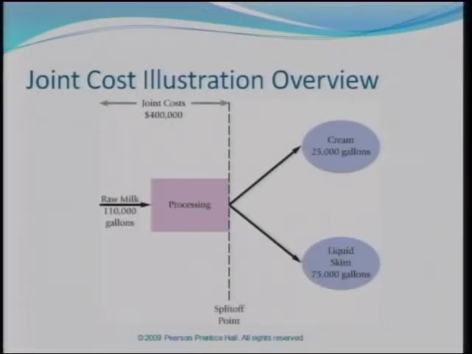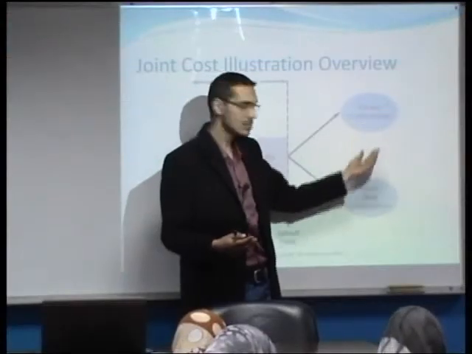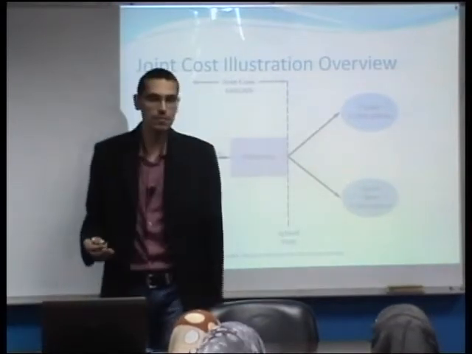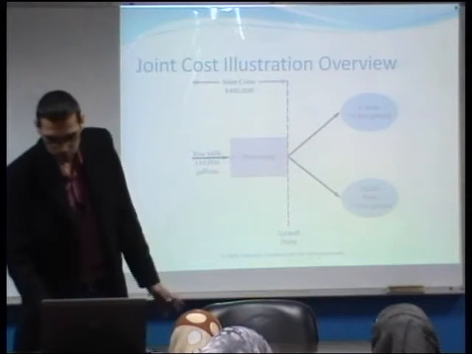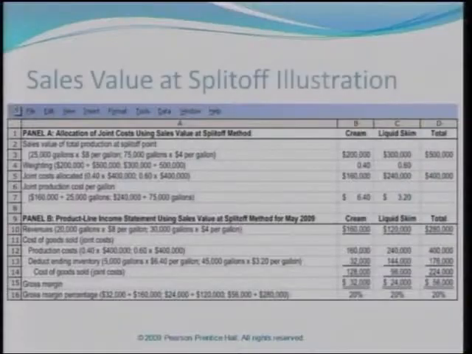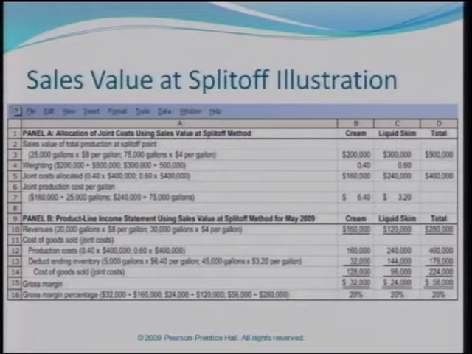The second is the liquid skim. Of course, the cream was with the quantity of 25,000 gallons, while the liquid skim was with the quantity of 75,000 gallons. And according to this information and the information given for this example, we were able to allocate the joint costs using the sales value directly after the split-off point.